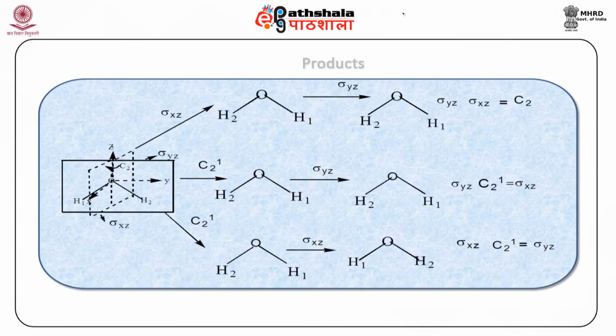The products sigma xz dot sigma yz, C2 dot sigma yz, C2 dot sigma xz give C2, sigma xz and sigma yz respectively, which are not the elements of the subgroup under consideration.